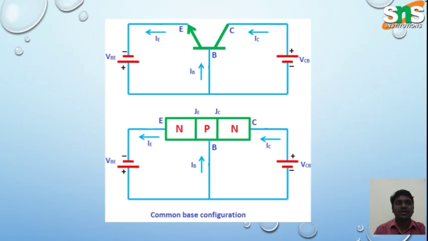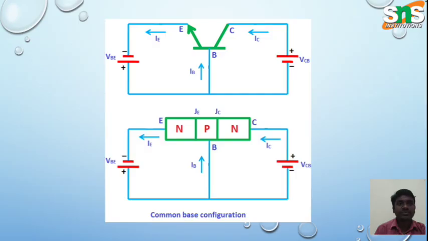This is the circuit diagram for an NPN transistor connected in common base configuration. Here we use two power supplies: VBE, connected between the base and emitter, and VCB, connected between the collector and base. The current flows starting from VCB, whose positive is connected with the collector and negative with the base.